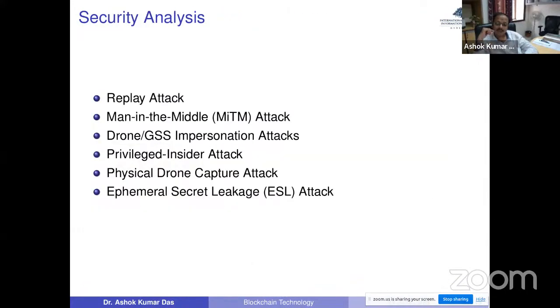Lastly, we have something known as the ephemeral secret leakage attack, the ESL attack. This is a very important attack in security schemes. What does this attack tell us? We have a stronger threat model, known as the CK adversary model.